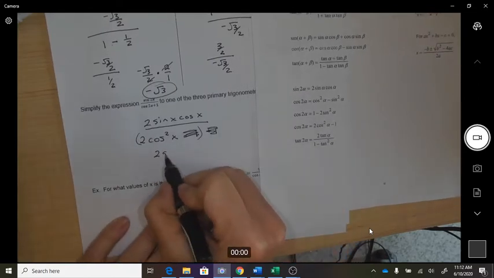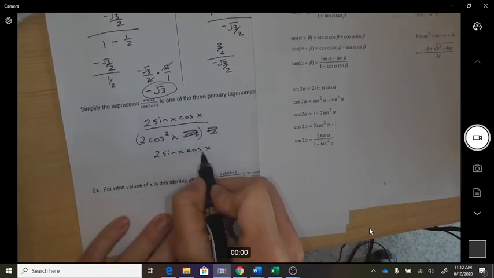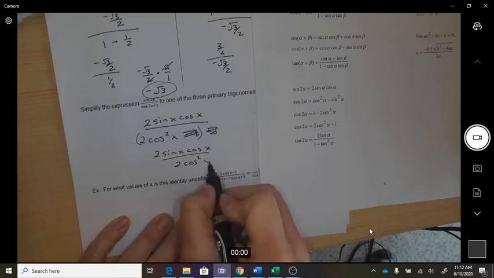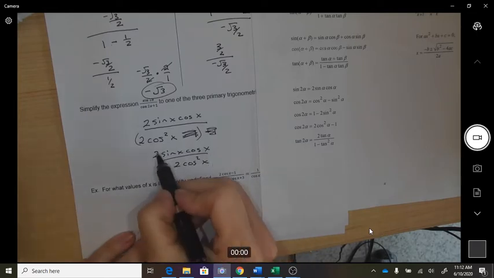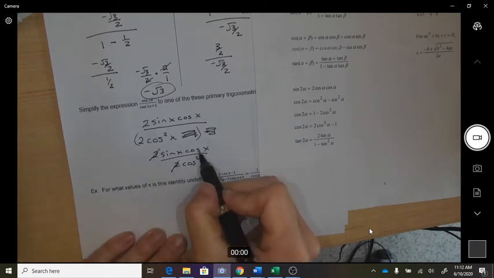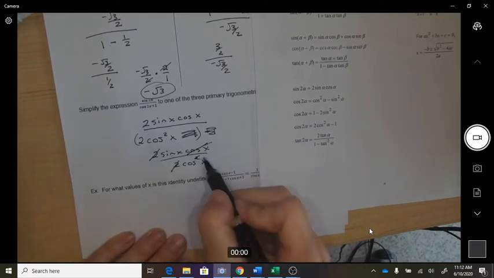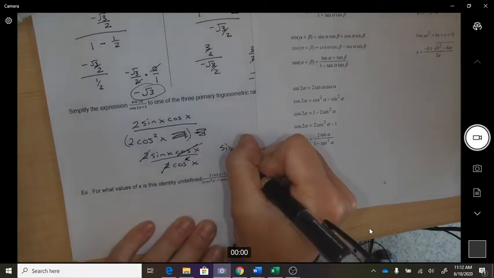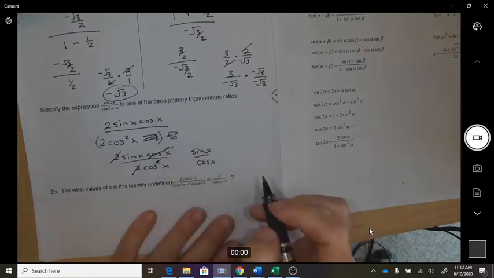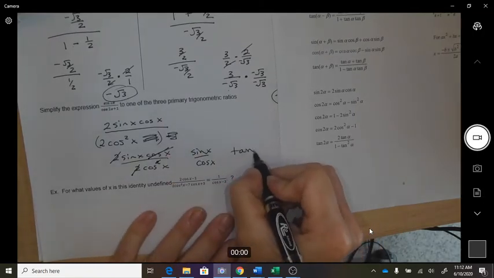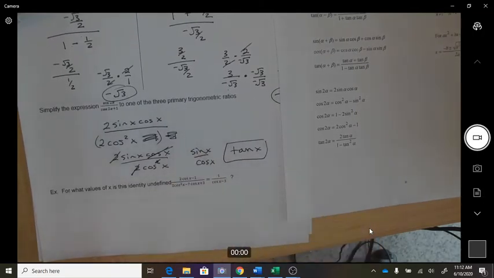And then, so 2 sine x cos x. Now, since I have only things divided and times, I can cancel. So 2's cancels. 1 cos would cancel with one of those. So sine x over cos x is a simplified division, and we can say that that would be equivalent to tan x.